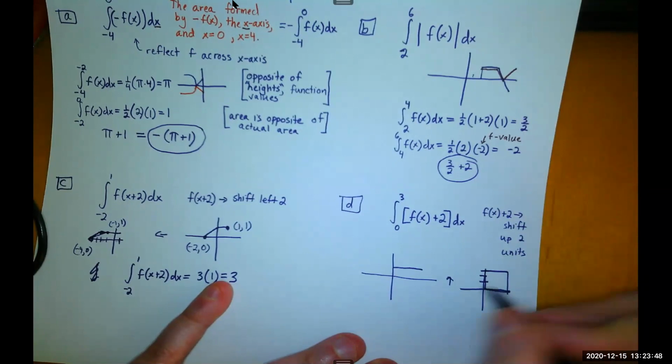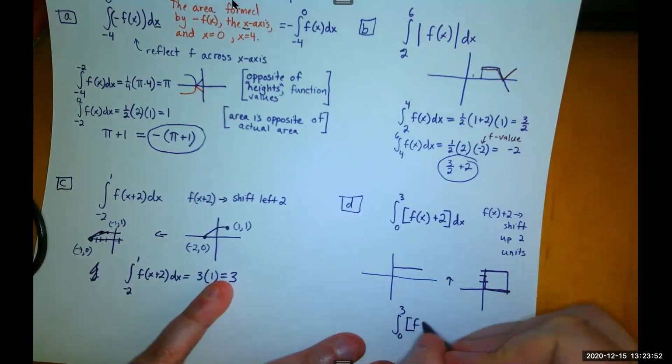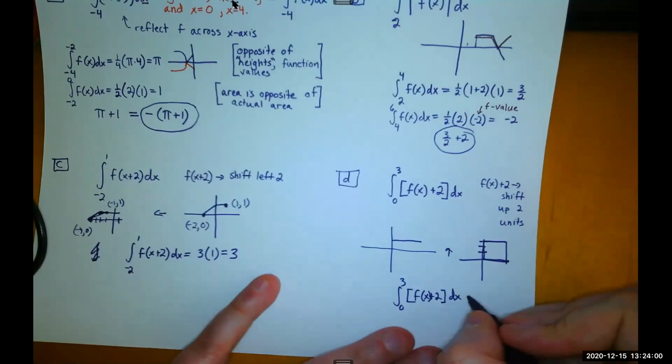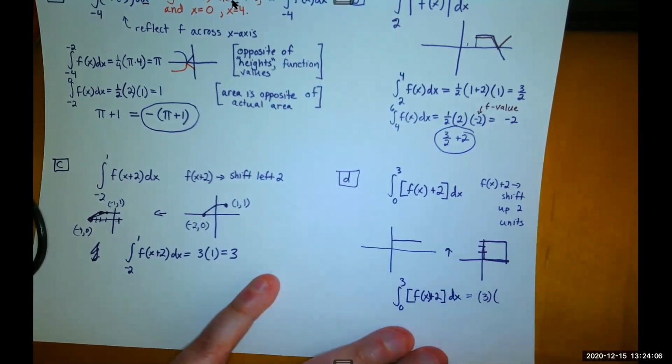So this is the shape we're interested in. So the area from 0 to 3 of f of x plus 2, almost put the parentheses in the wrong spot, is a rectangle, still with a base of 3, but now the height has been shifted up 2. So it's not 1, it's 3.